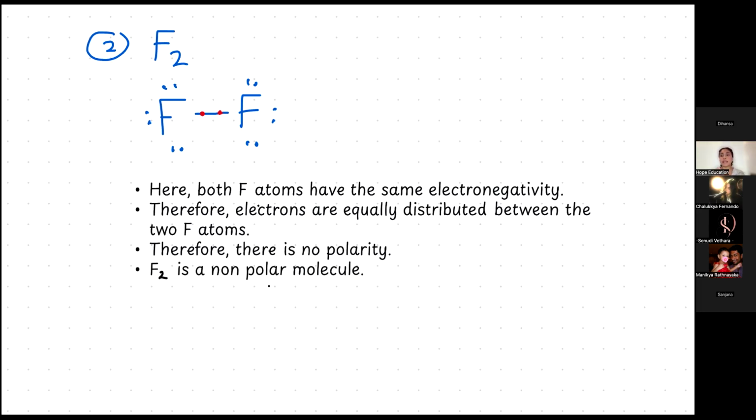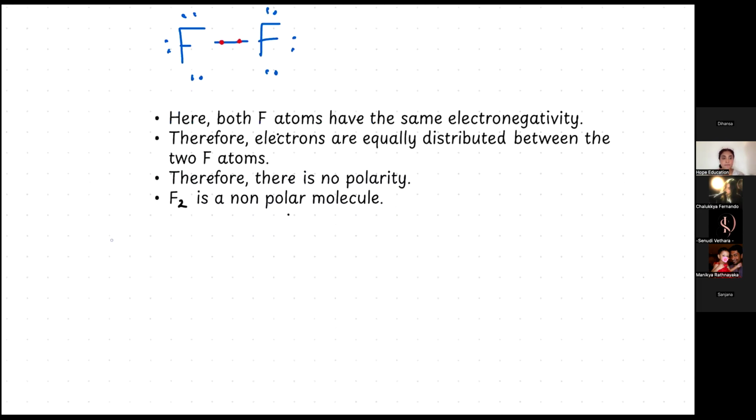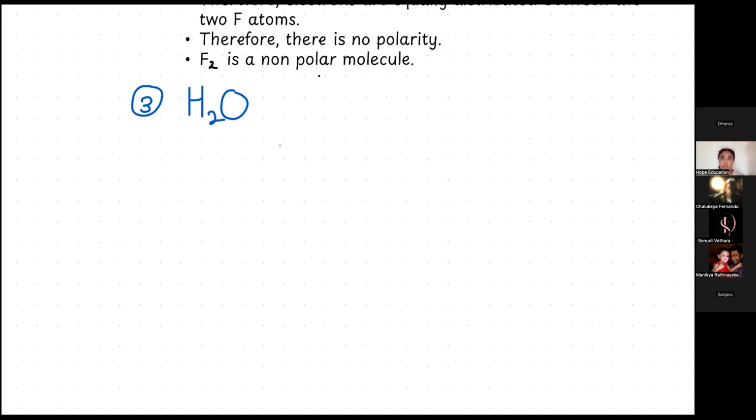So let's move on to H2O. That is my third example. I need this one for the next part. Do you all remember drawing the Lewis structure of H2O? Can you turn to that page?